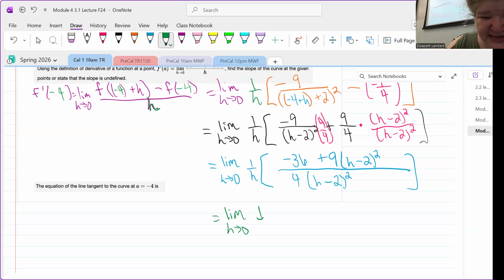And in this case, that is a FOIL. So we have a negative 36 plus 9 times h squared minus 2h minus 2h will be minus 4h. Negative 2 times negative 2 is plus 4.